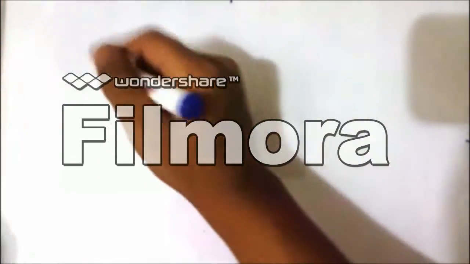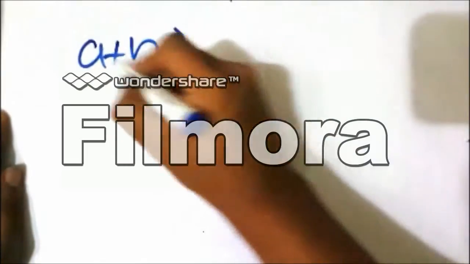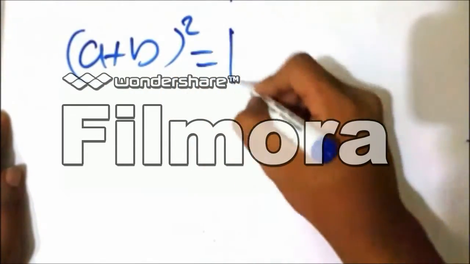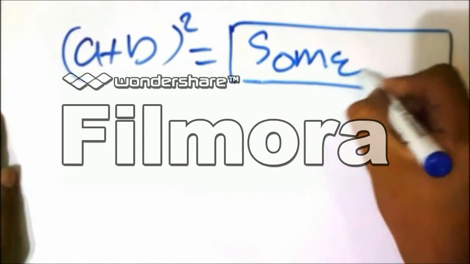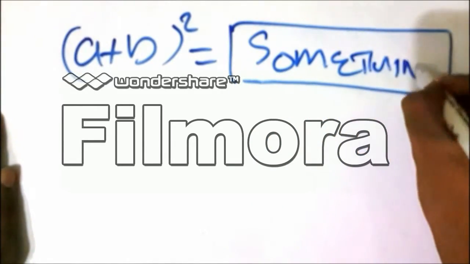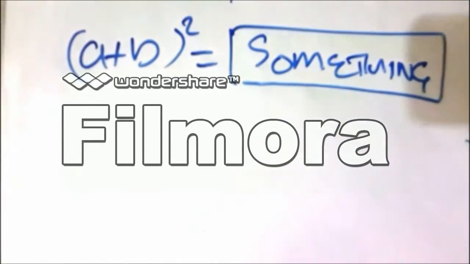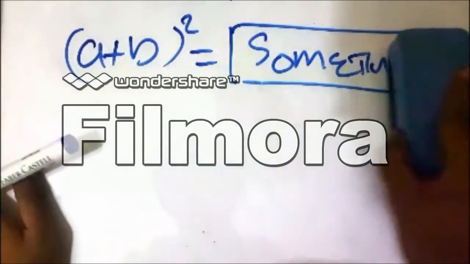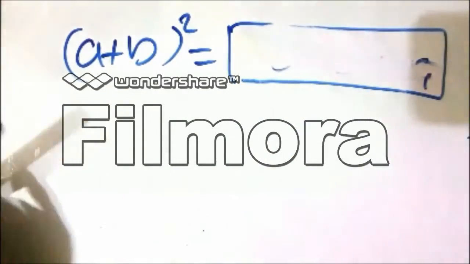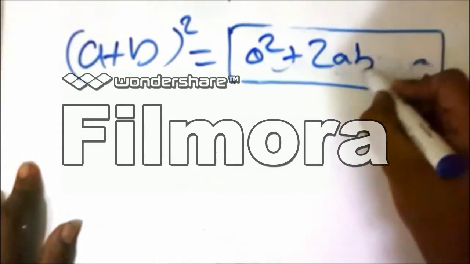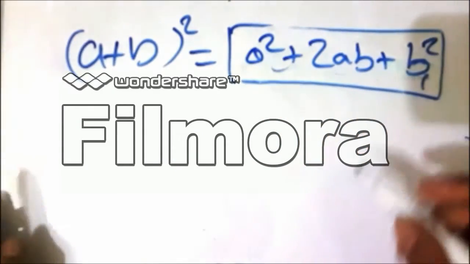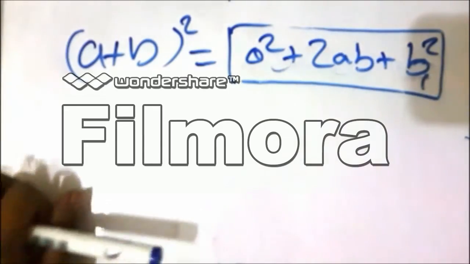Hi guys, you must have come across this equation that goes like (a + b)² is equal to something. Now, if you have guessed that the something is equal to a² + 2ab + b², you're absolutely right.